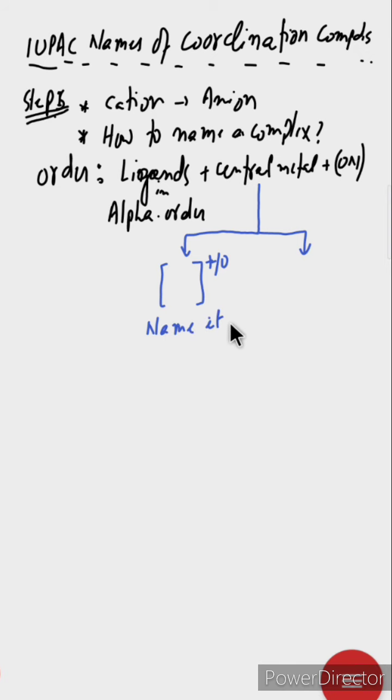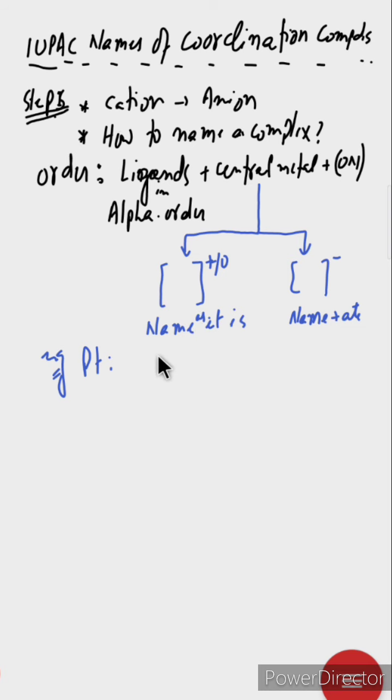This is my rule. And if the charge of the complex is negative, that is an anionic complex, then the name of the central metal is named with the suffix -ate. For example, if the complex is positive or 0, the metal is named as it is.